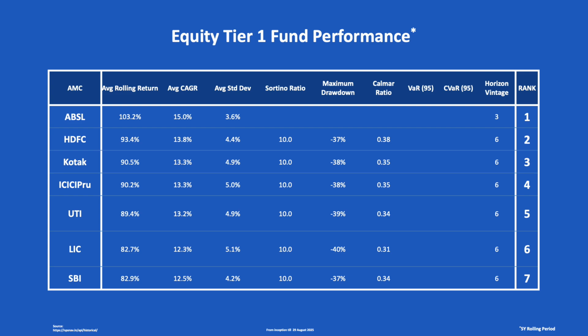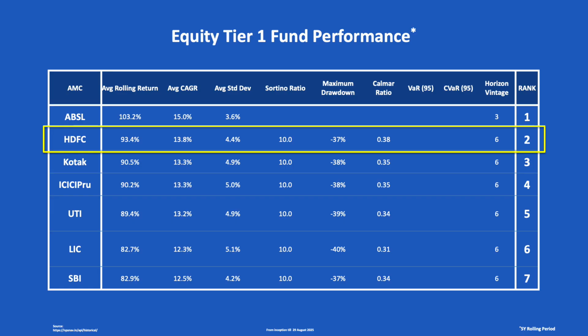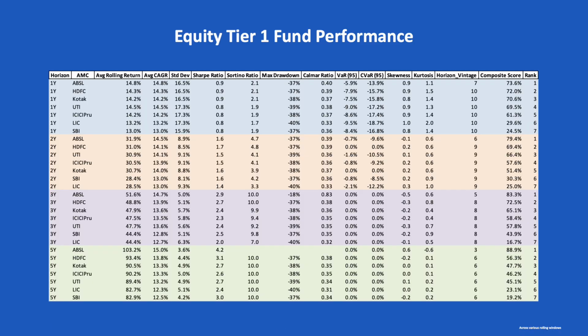ABSL is relatively new among these three, hence any of the second, third, and fourth rank funds can be chosen because they offer similar performance, with HDFC slightly performing better than the rest. Now, a detailed list of the equity tier one funds is presented here. Pause and look for the same.